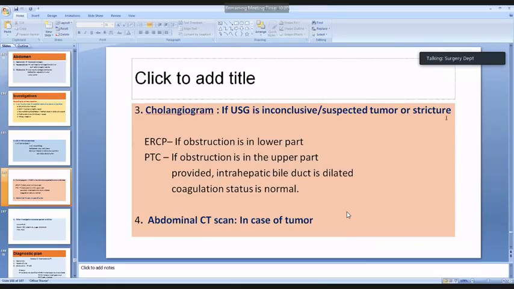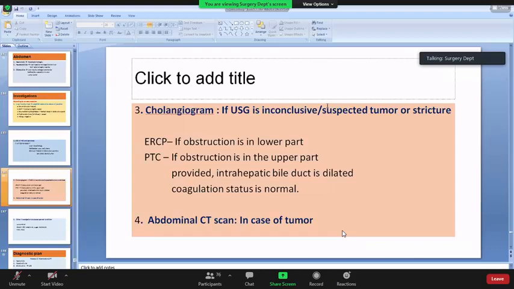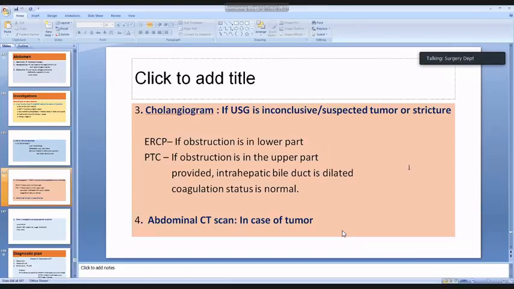In case of obstructive jaundice, if the ultrasonogram is very clear cut and suggests a stone, usually no further investigation is necessary. But if the ultrasonogram is inconclusive or there is suspicion of tumor or stricture, we primarily do a non-invasive cholangiogram, that is MRCP, magnetic resonance cholangiopancreatography.